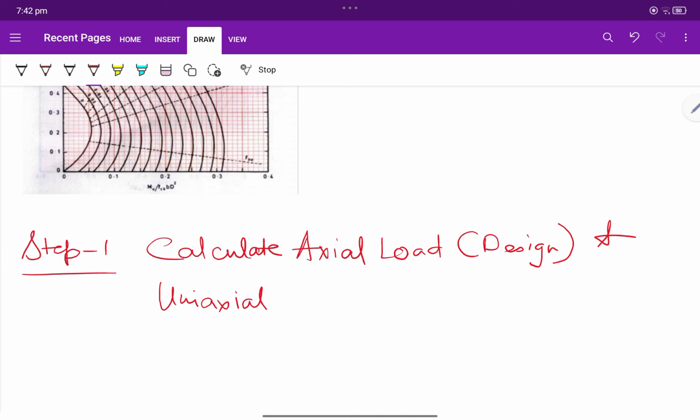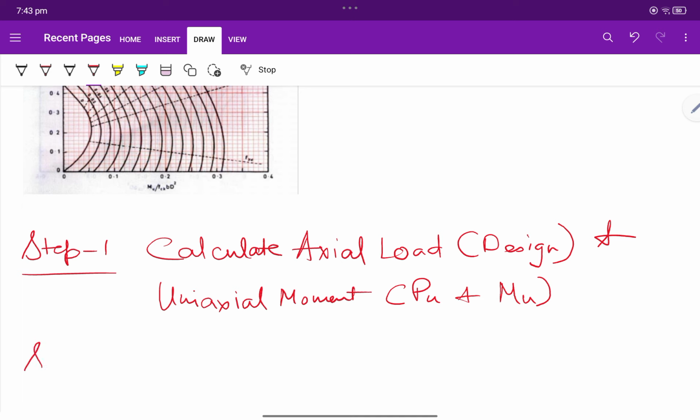So Pu is the axial load and uniaxial moment is Mu. So it's the step one.